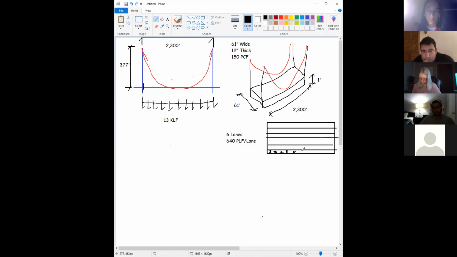This is a bunch of cars, and this is pushing down with a force. I can't really draw it down because this is the top view, but it's going inside. I don't really know how to represent that, but it's going to have a force of 640 pounds per linear foot in this 1 lane because it's per lane.